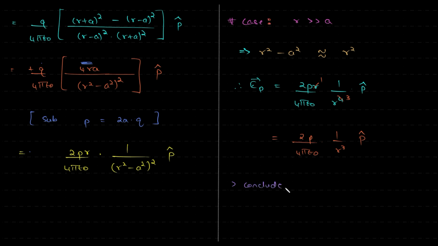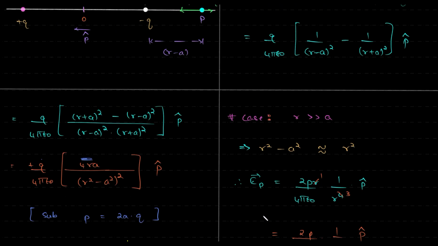So from this, what can we conclude? This is the conclusion that we made in one of the videos. For points where r is much greater than a, the electrical field strength reduces at a rate of 1 by r cubed. Agree?